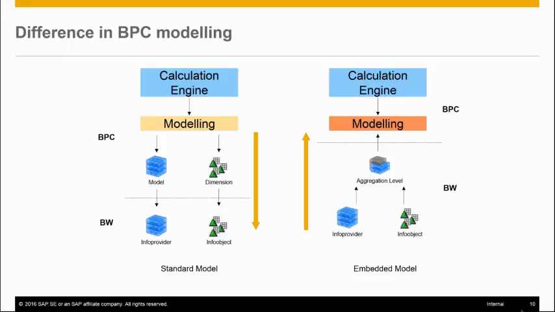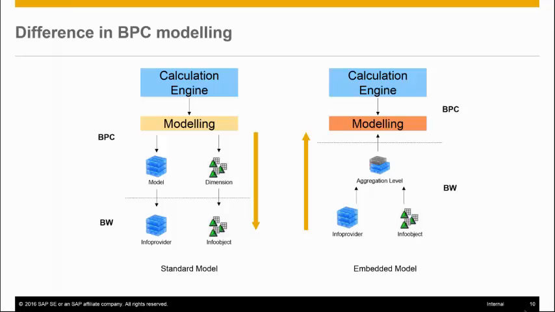Then the system automatically creates some backend objects on the BW side. For each dimension, an InfoObject is created on the BW side, and for each model, an InfoProvider is created on the BW side. Everything is created from the BPC side, and creating such objects on the BW side is transparent to the end users. They don't have to care about this. It means everything is handled by BPC.